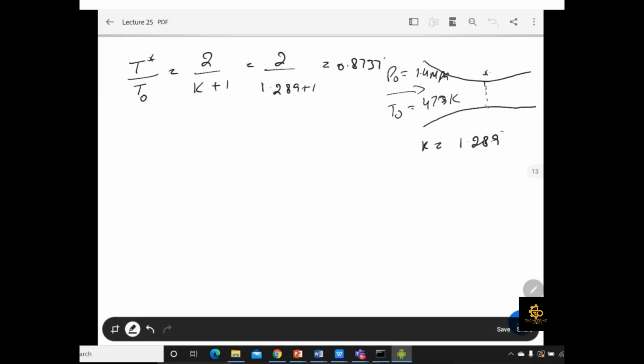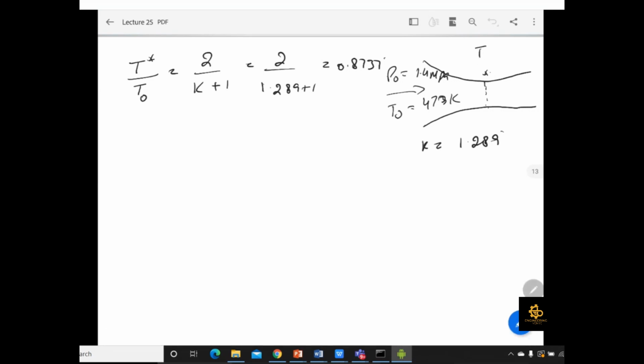Similarly, you have to find P star by P naught, because if we have these ratios, then we can easily find the temperature and pressure at the critical point, P star and T star. So P star by P naught is equal to 2 divided by K plus 1, raised to K divided by K minus 1.